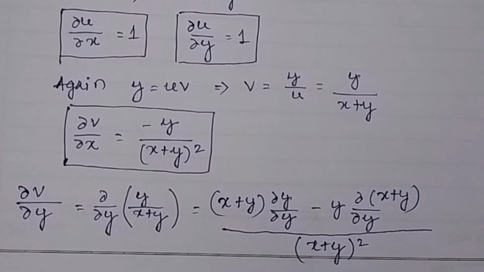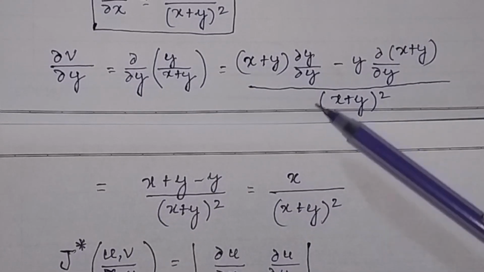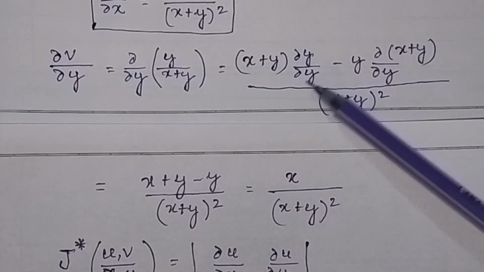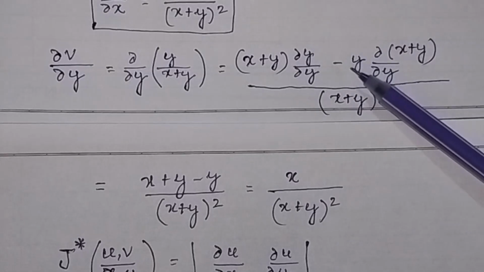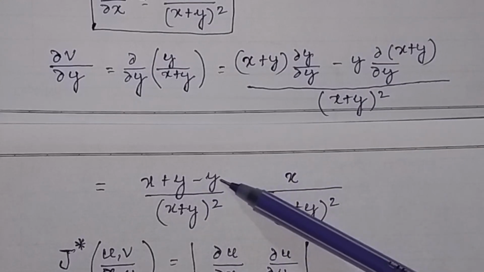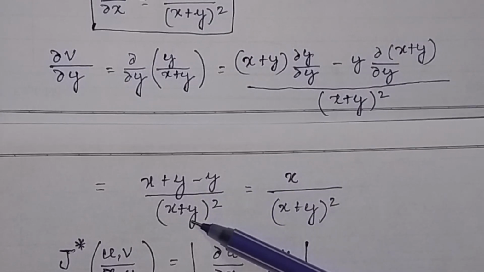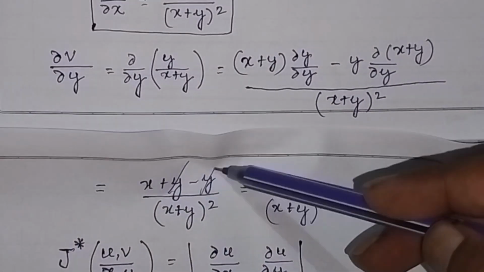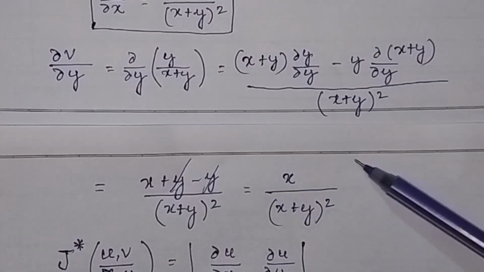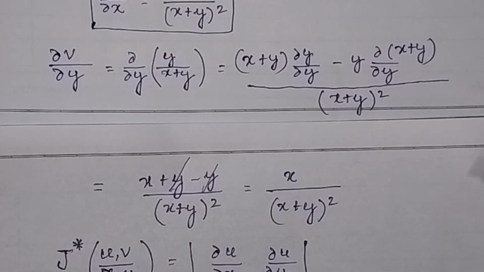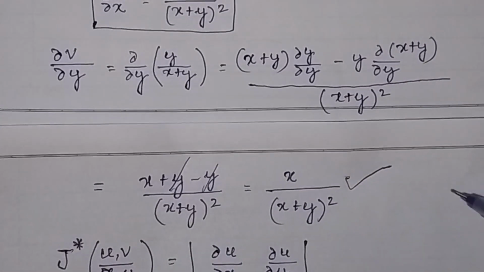Solving it, the partial derivative of y with respect to y is 1, so x plus y minus y, divided by x plus y whole square. Here y cancels, so the partial derivative of v with respect to y is equal to x divided by x plus y whole square.